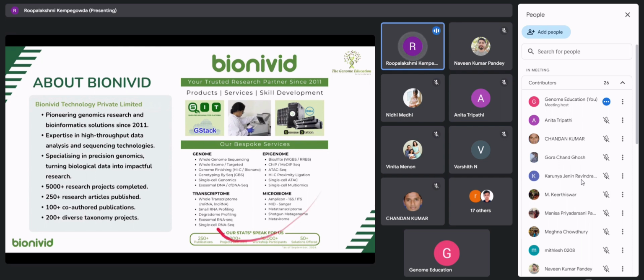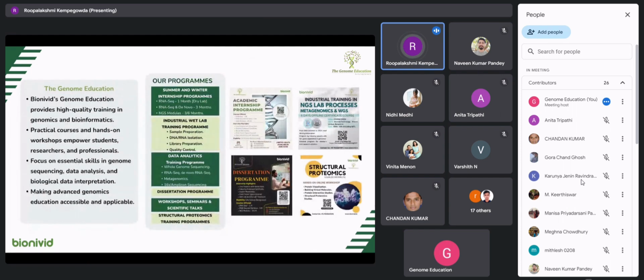In the area of genomics, we have 500,000 plus projects completed, 250 plus research articles published, in which we are 100 plus co-author, and 20 plus diverse taxonomy. This indicates how experienced we are in genomics, as we work in and out with genomics.